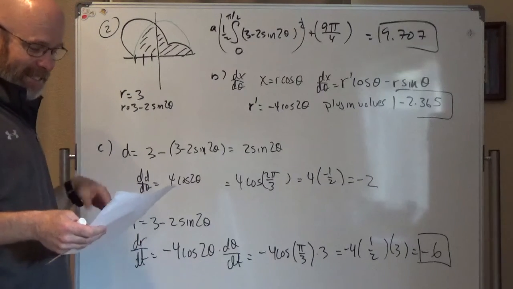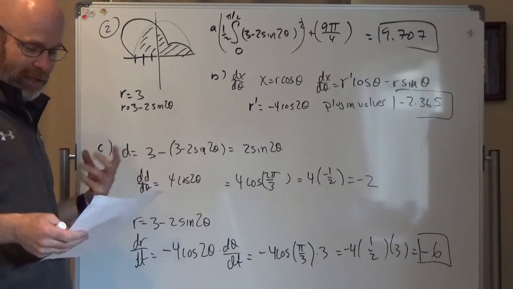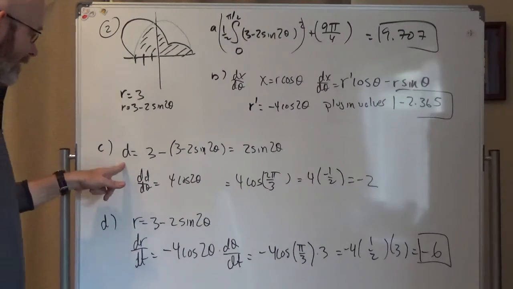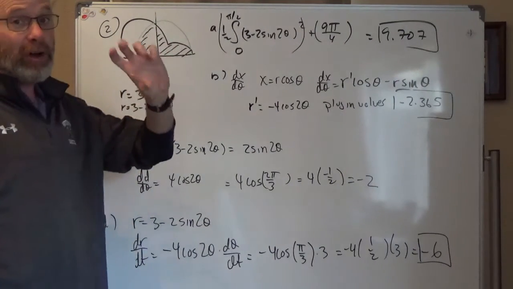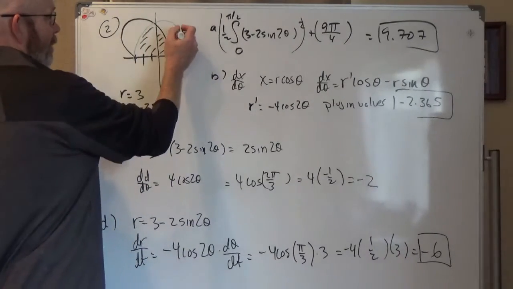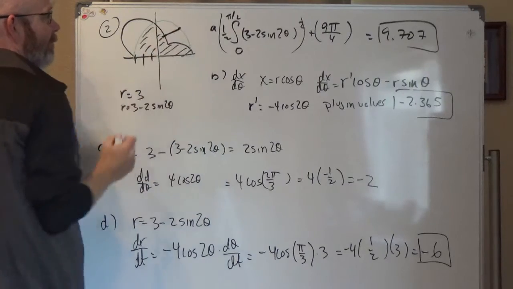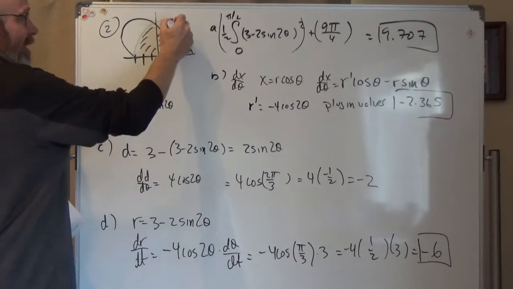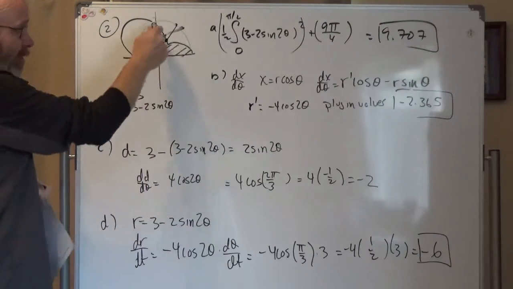Part C says the distance between the curves is changing, and find the rate at which the distance is changing at pi over 3. So distance, these are already written in terms of r, so r is the distance, right? So if you want to find the distance between the two curves, like from here to here, actually that doesn't look right, it should be on the same angle, so let's do that. From here to here, it's just the green curve minus the black curve.